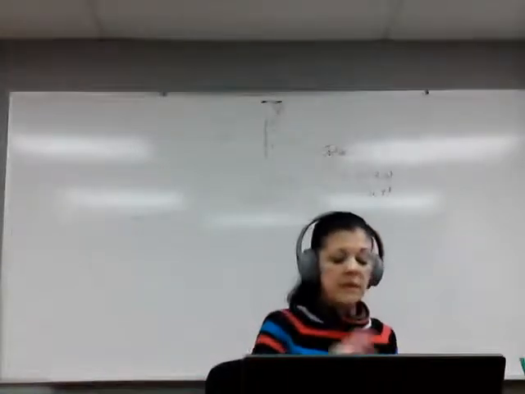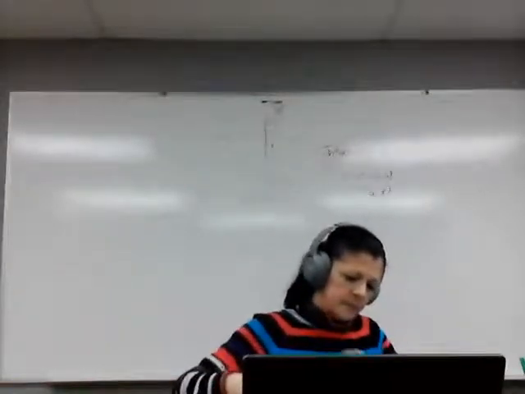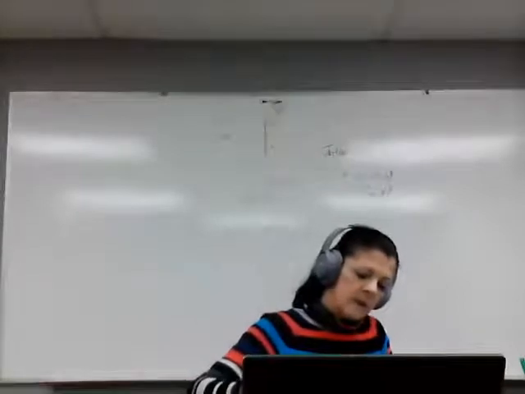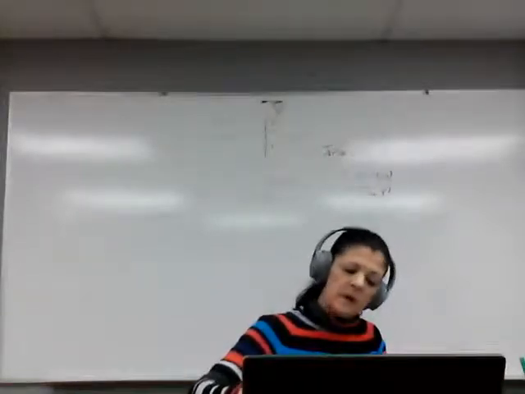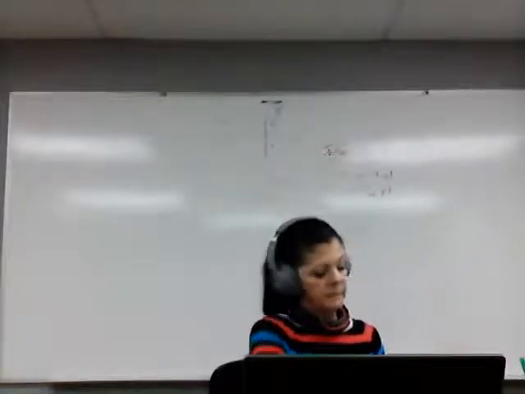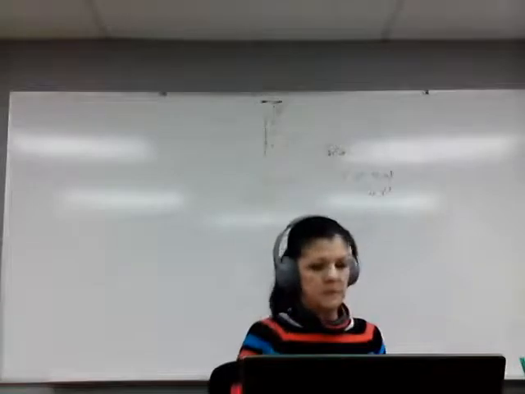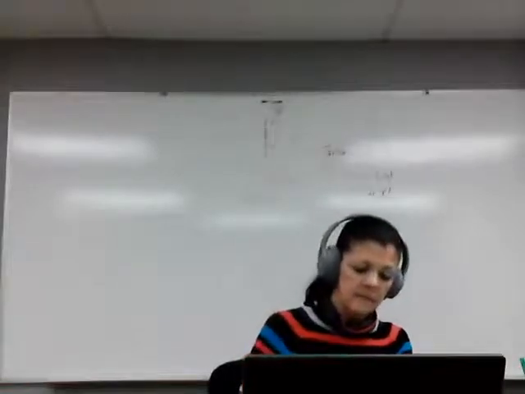Remember it was, if it's for a triangle. For a triangle, it's on page, hold on, I'll tell you where it is. It's on page 335. Right? And what does it say?